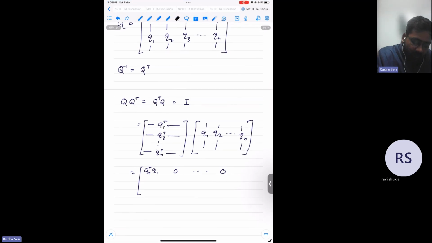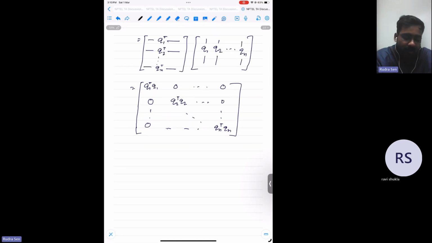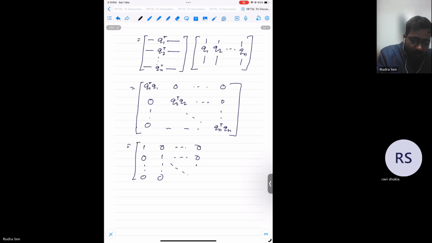Similarly, this is Q2 transpose Q2, and up to Qn transpose Qn. So for orthonormal vectors, when i equals j, Q1 transpose Q1 is 1, and the rest are 0: 1, 0, 0 in the first row, 0, 1, 0 in the second, and 0, 0, 1 in the third. So we will get the identity matrix.